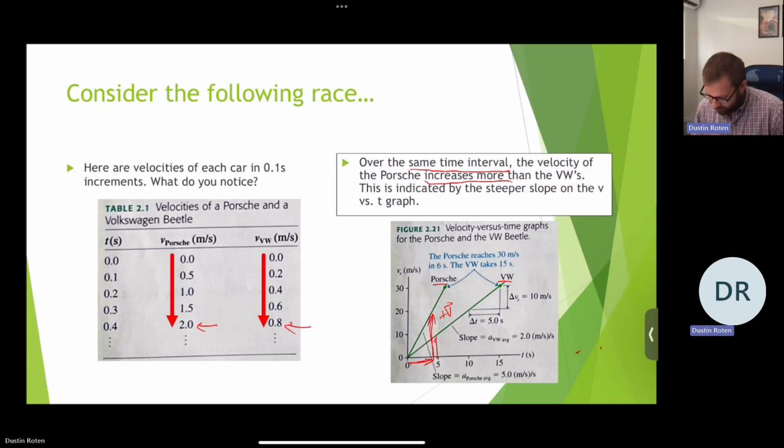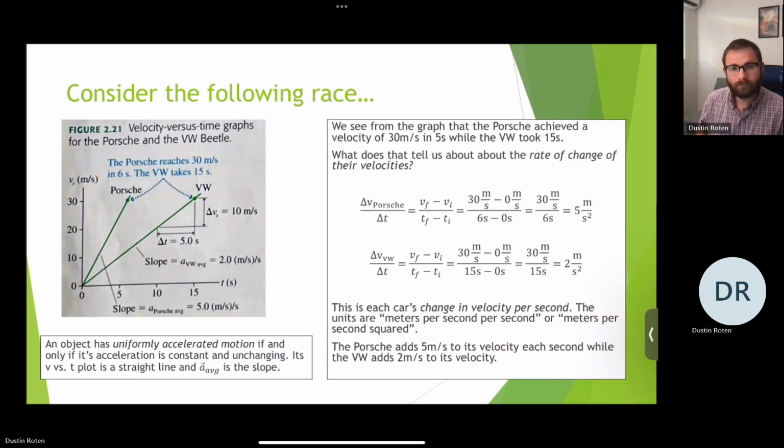These vertical chunks that we add as we move to the right are going to be smaller for the Volkswagen than for the Porsche. Because we're adding bigger chunks, the Porsche is going to get to 30 meters per second much faster than the Volkswagen is.